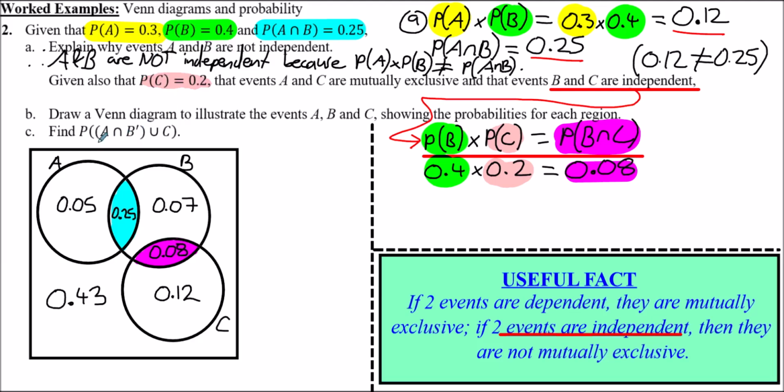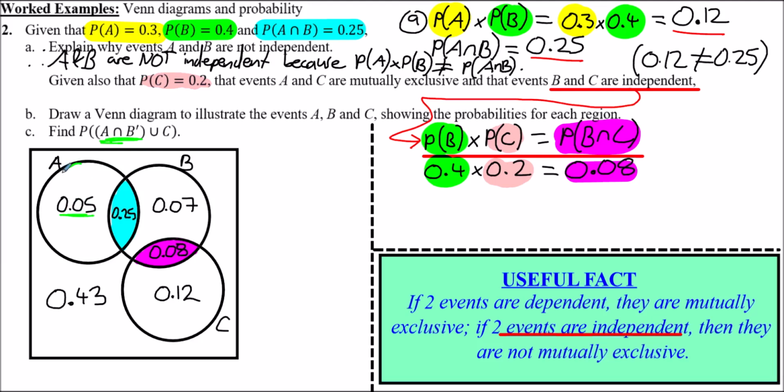Let's go for this green. So A intersecting with B dashed. So B dash means everything apart from B. So where would circle A touch anything that's not in B? Well, it's got to be this 0.05. So we're looking here.